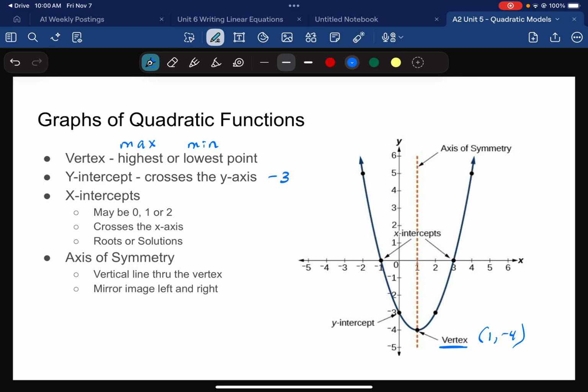The x-intercept's where it crosses the x-axis. For this particular parabola, it's negative 1 and 3, but I want to remind you that you may have no x-intercepts, and if that's true, that means your discriminant on the quadratic function is equal to a negative value, and that's what results in no x-intercepts.